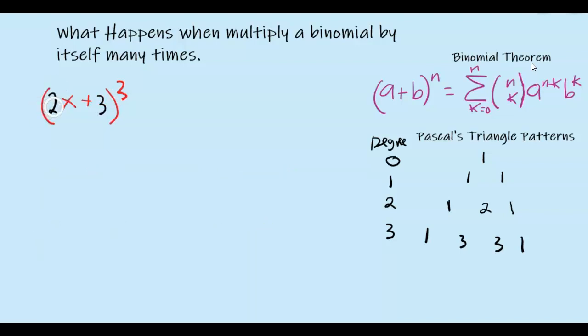Okay, let's look at this example whereby we have a term altogether, but there are 2 of it. So (2x + 3) to the power cubed is the same degree of 3. So we are using the coefficients 1, 3, 3, 1. But here, this is together as 1.